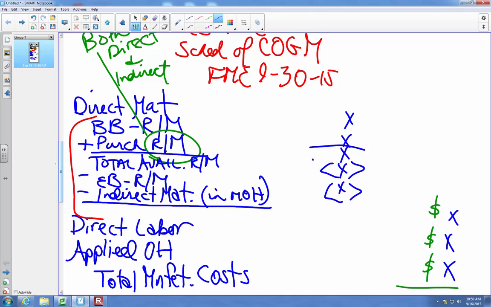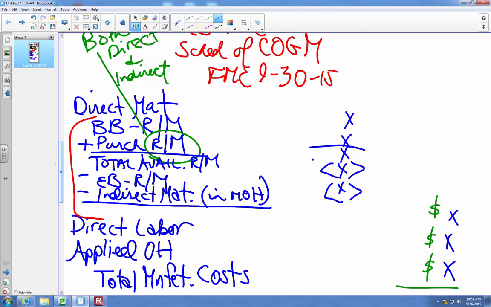So, beginning balance raw materials, 20 grand. Plus purchases, 410, gives me available 430. Is that the cost of what I put into production? No, because I've got some in ending inventory and some of that was indirect materials. So I subtract my ending balance, 50 grand.